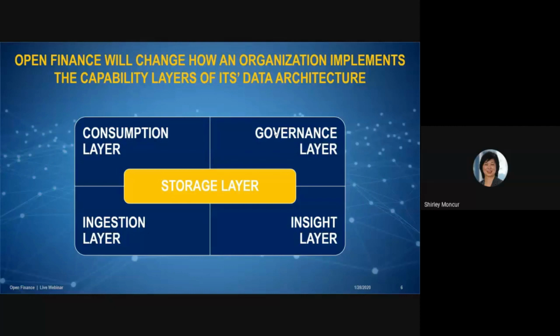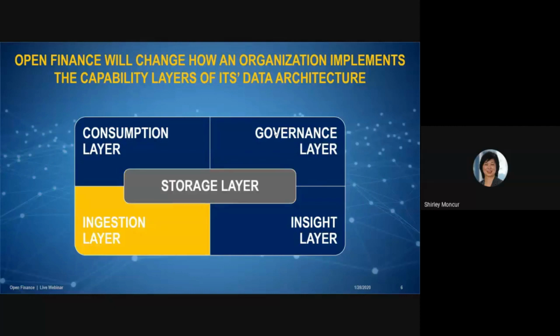The next layer, the ingestion layer, is the gatekeeper to the storage layer. It is typically home to a number of data integration technologies, such as ETL, extract, transform, load, or ELT, extract, load, transform, to ingest raw data and prepare it for consumption.